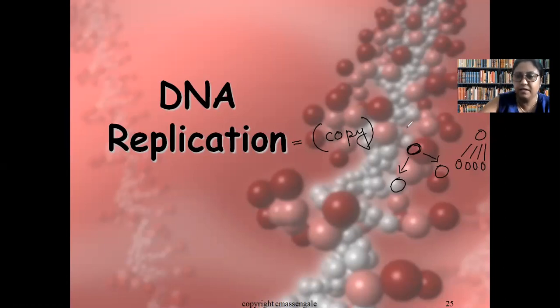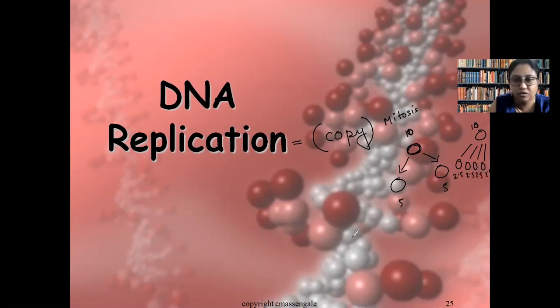For example, if this cell has 10 chromosomes, it can distribute 5 chromosomes only to each cell in mitosis. Similarly, in meiosis it would give each cell 2.5 chromosomes.